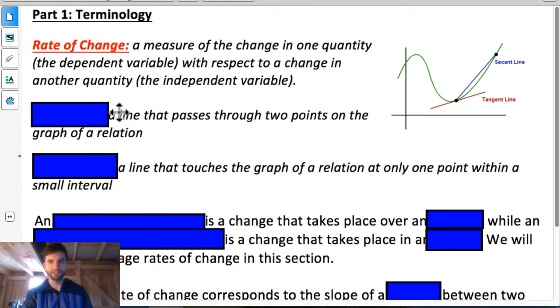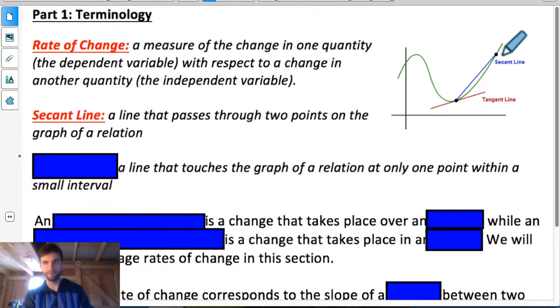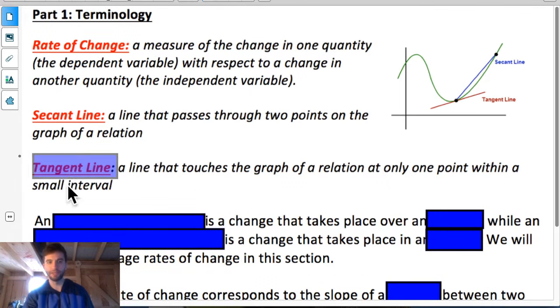The next definitions you need are definitions for secant line and tangent line. You're probably familiar with what those are, and there's a diagram over here that shows you what they are. A secant line is a line that passes through 2 points on the graph of a function. So notice that the secant line passes through those 2 points. So that's a secant line. A tangent line, on the other hand, only passes through 1 point on a function.